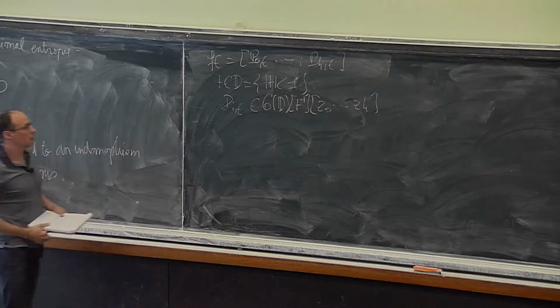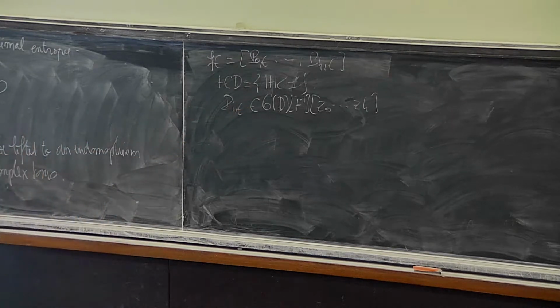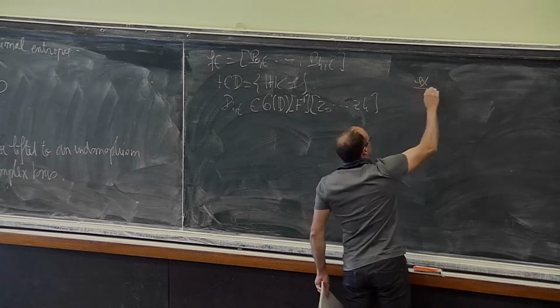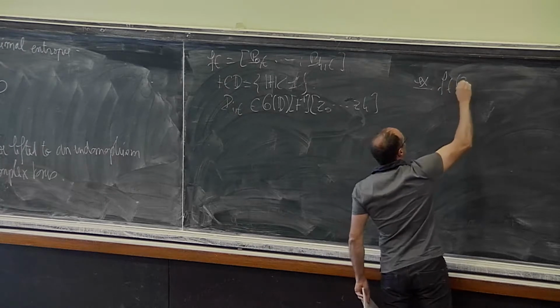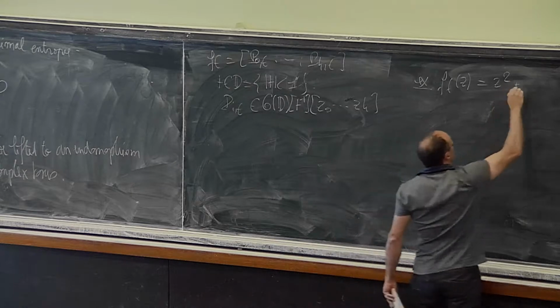Okay, so this is the ring of holomorphic or meromorphic functions on the disk with at most one pole at 0. There are many examples of such a thing, but you can just think of Ft of z as being, for instance, the quadratic family, which is z squared plus 1 over t.